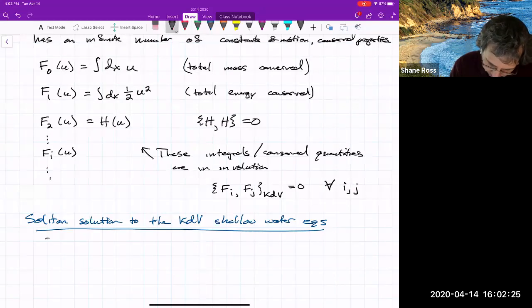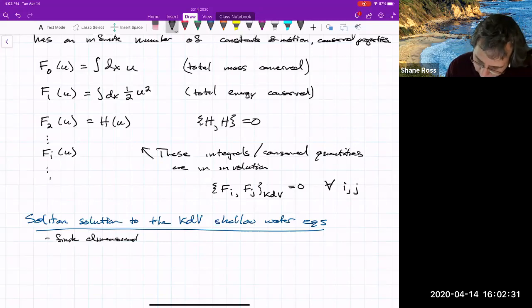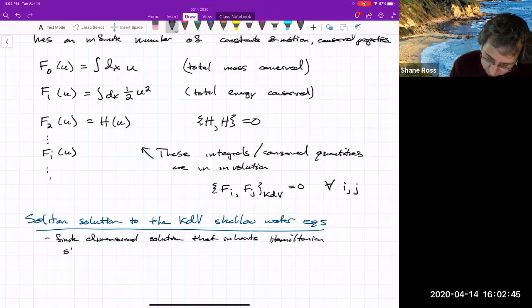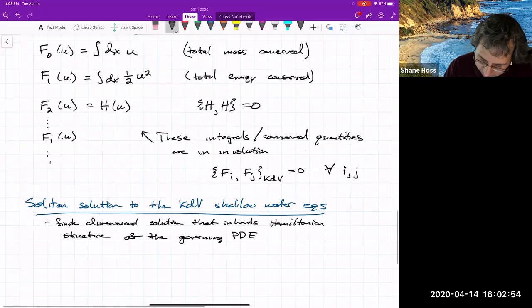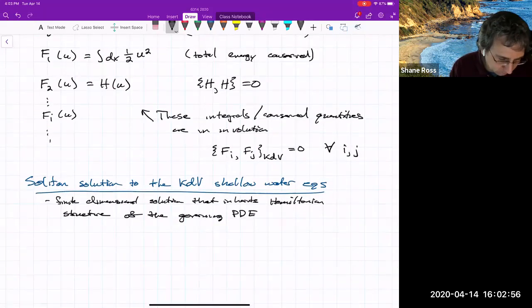And we'll just note it's a finite-dimensional solution that inherits the Hamiltonian structure of the PDE. And it comes from a finite-dimensional approximation.